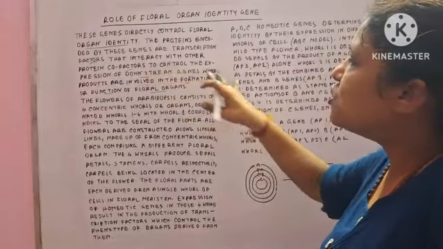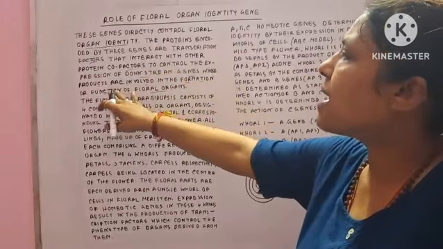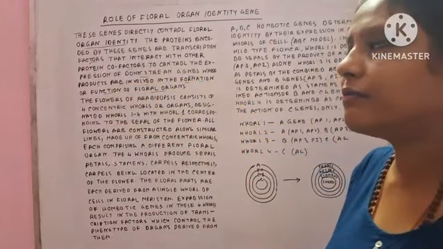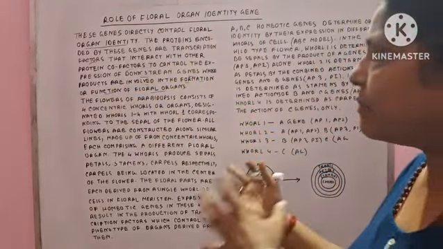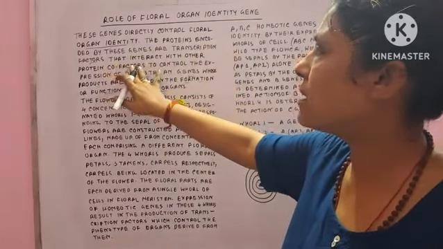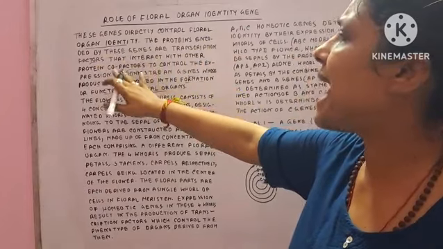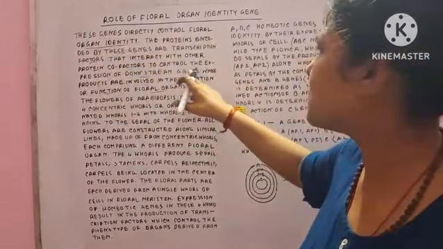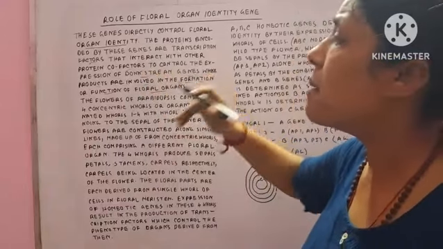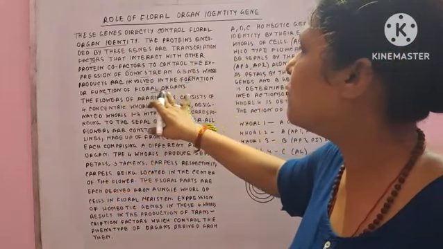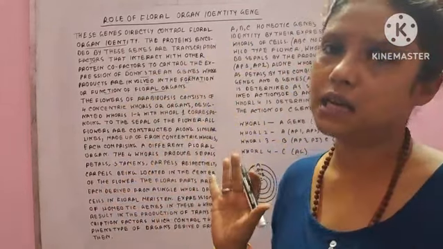These downstream genes have products involved in the formation or function of the floral organs. So the transcription factors and the cofactors are both proteins, and they form a complex that activates the expression of some downstream genes. By the activation of these genes, the formation of the floral organs is done.